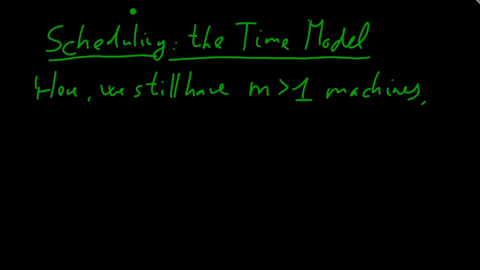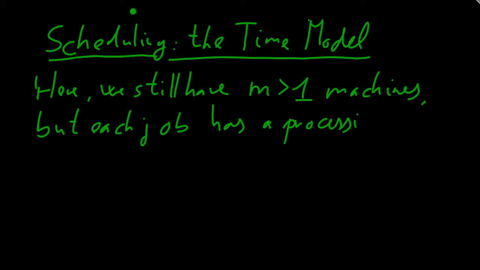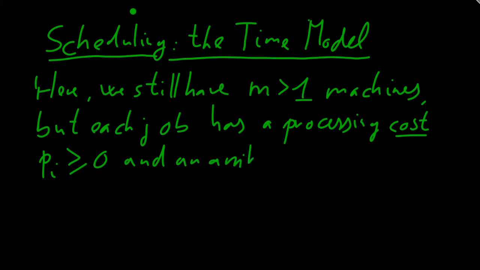It's similar to the basic model of the scheduling problem, but each job also has a processing cost, usually denoted pi, which is a non-negative real value, and an arrival time or timestamp, so arrival time ti.